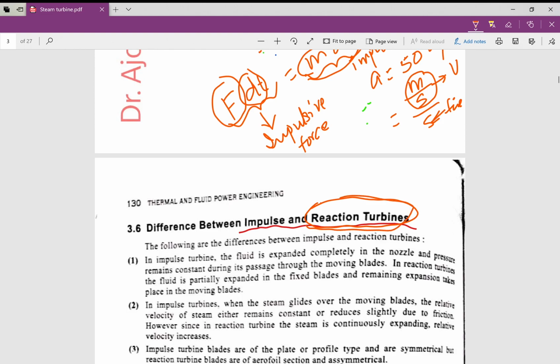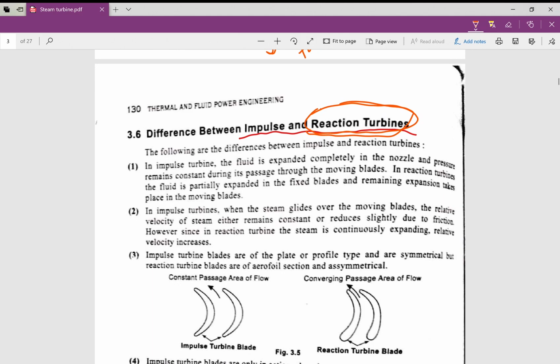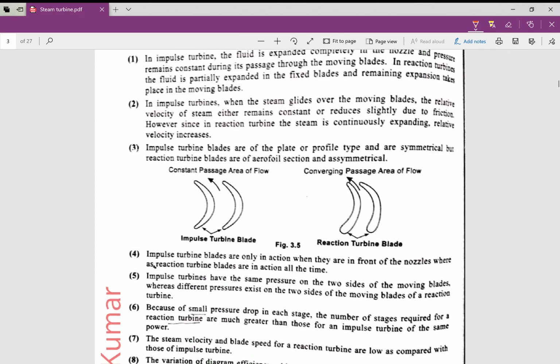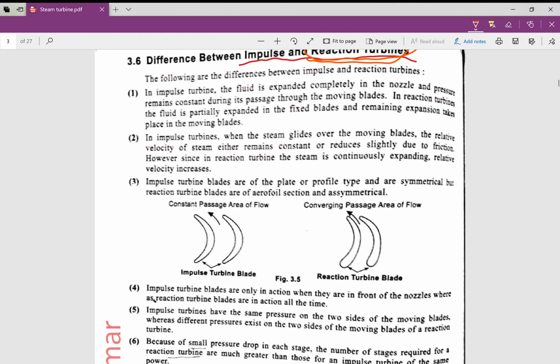So as a type of steam turbine, mainly we get impulse and reaction turbine. There is a difference between impulse and reaction turbine as far as blade profile is concerned. Dear students, here is a blade profile of impulse turbine and here is a blade profile of reaction turbine. Let us see.